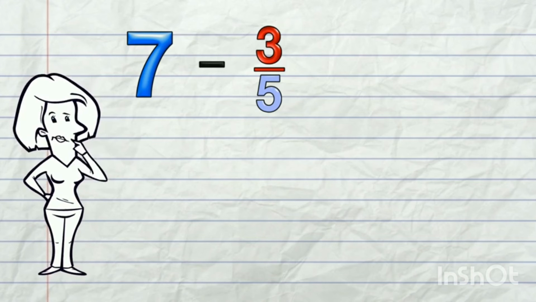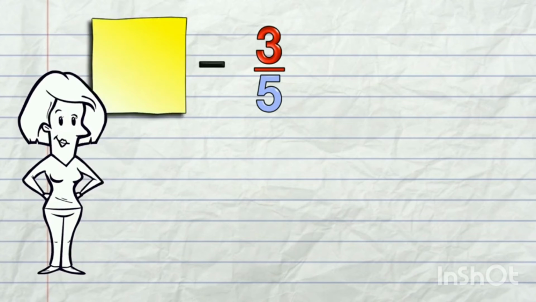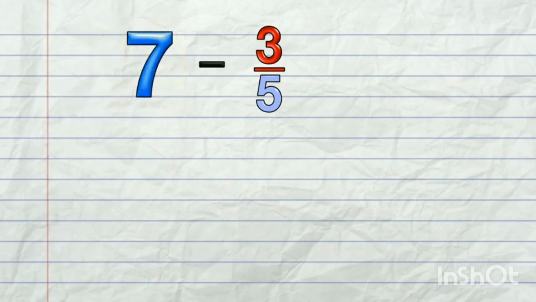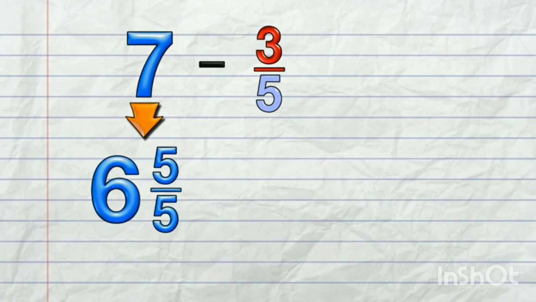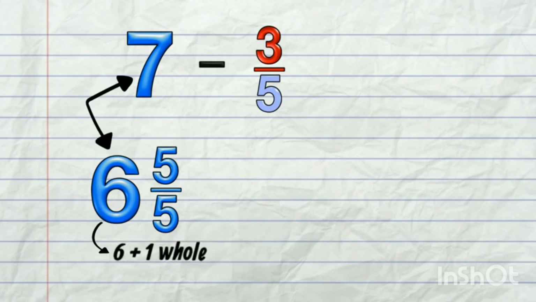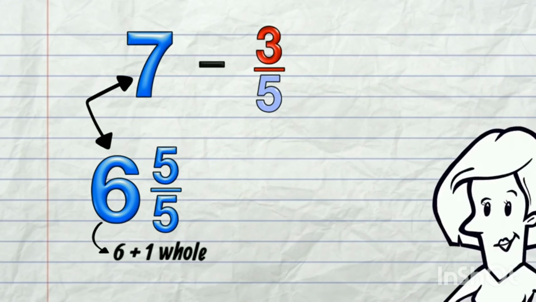Wouldn't it be nice if over on the left, instead of a whole number, we had a mixed number whose fractional part was also conveniently in fifths? Here's what we do. 7 becomes 6 and 5/5. Can you see that this actually represents 6 and 1 whole? And that has the same value as 7.